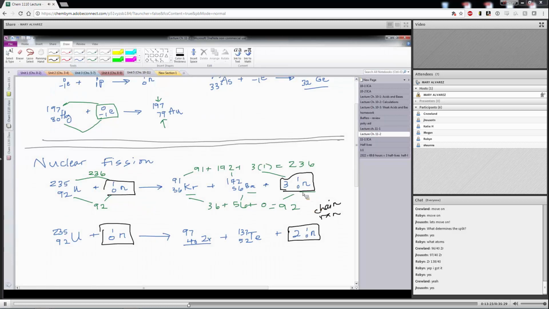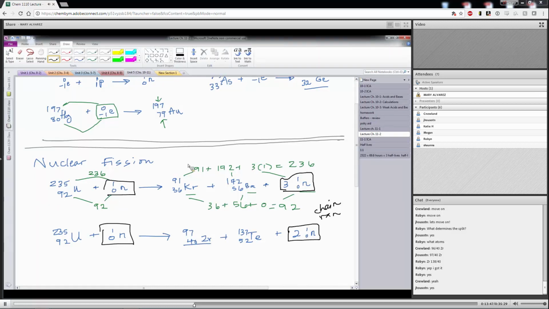Okay, so for that purpose, nuclear fission has to be very carefully controlled, because if we weren't careful how we were doing it, these extra neutrons could just shoot off and interact with more uranium, which would create more neutrons, which would interact with more uranium, and then the whole thing could get out of hand very quickly if it's not carefully controlled.